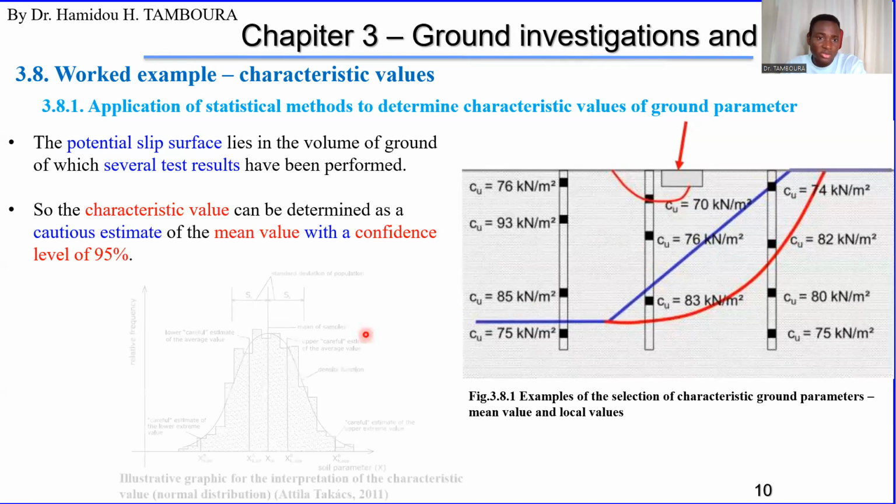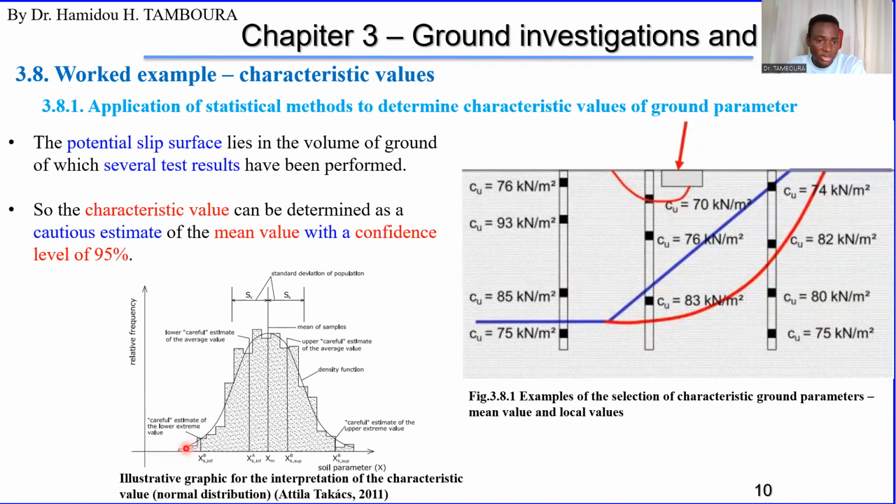Okay, so this is what I'm talking about. If you take this statistical graph, for example, which is an illustration for interpretation of the characteristic value, this is a normal distribution.